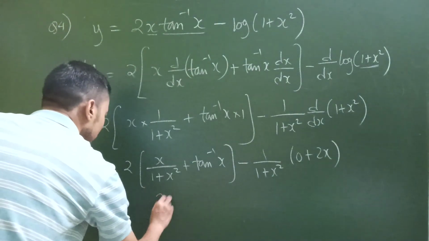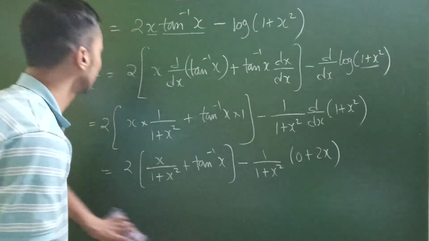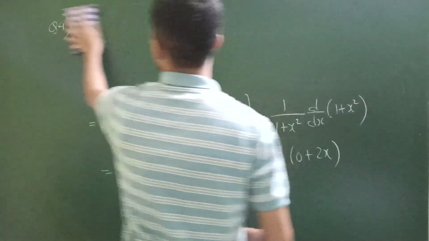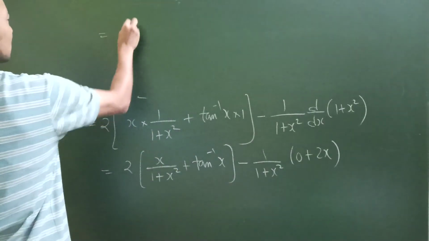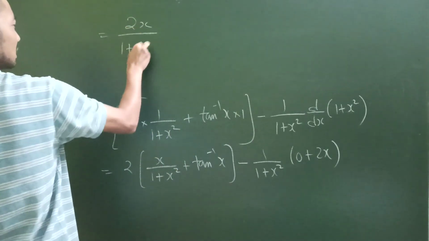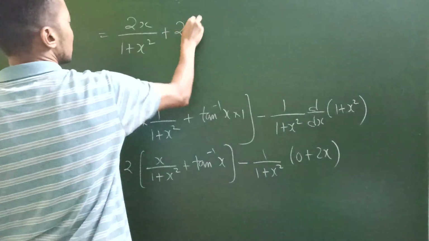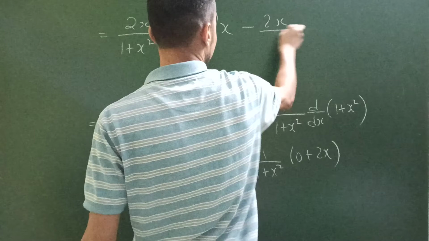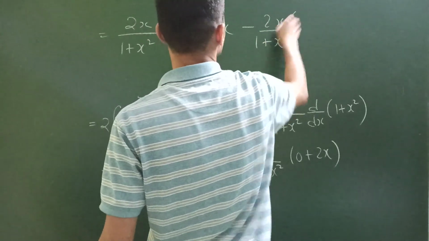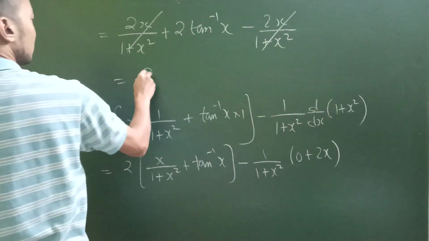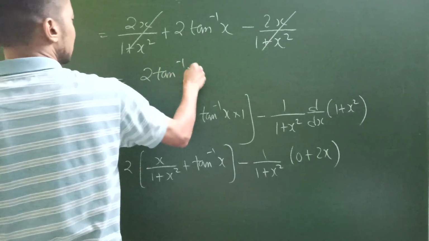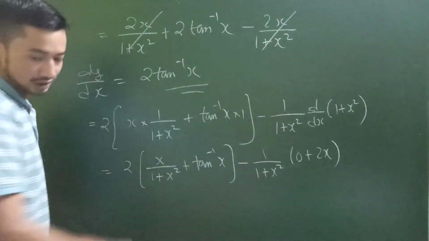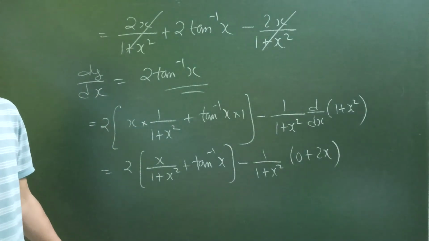Alright, so twice x over 1 plus x square, plus twice of tan inverse x, minus twice x over 1 plus x square. So that's done. That's simply twice of tan inverse x.